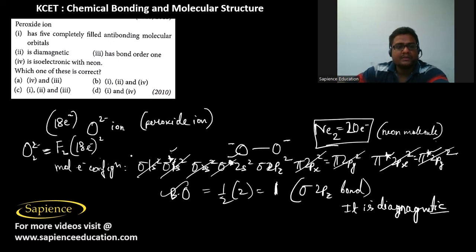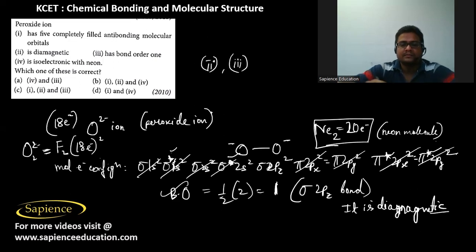So it means the correct statements are the second one and the third one. Second and third are correct, and the first one says 5 completely filled, which is wrong.